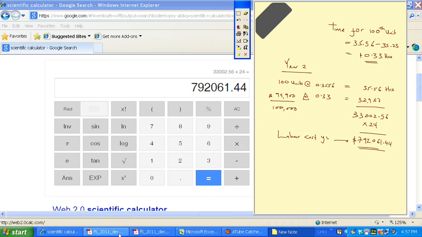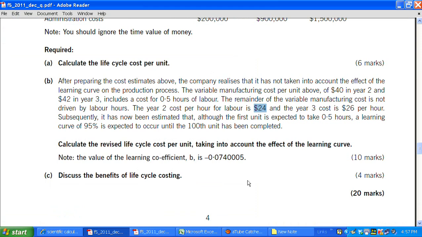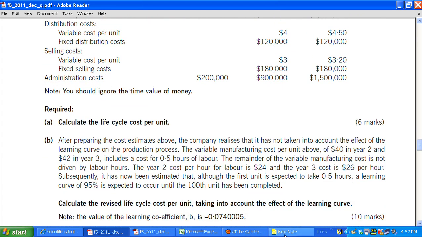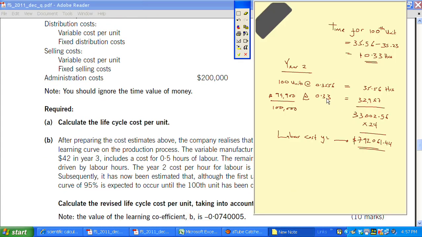So we're going to do a similar thing for year 3. Now remember, year 3 the units are 200,000, but the time per unit is still going to remain 0.33. So year 3, we're going to have 200,000 units at 0.33.